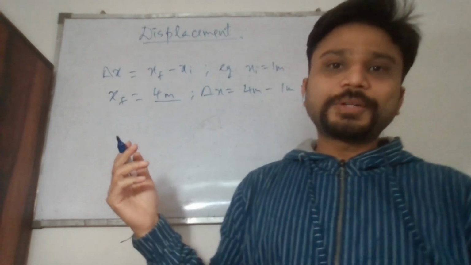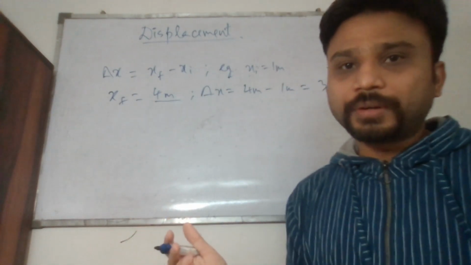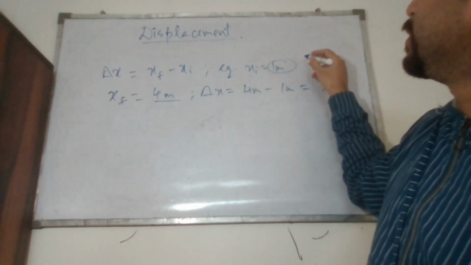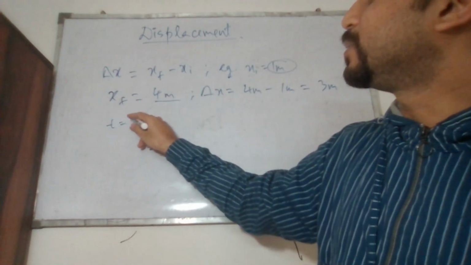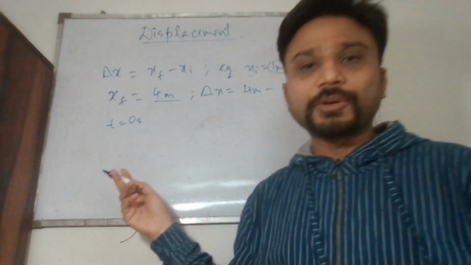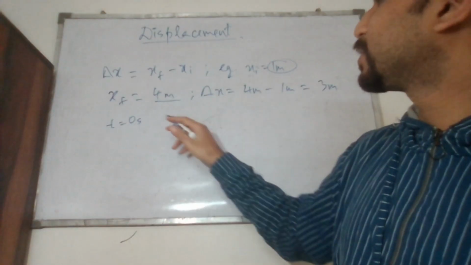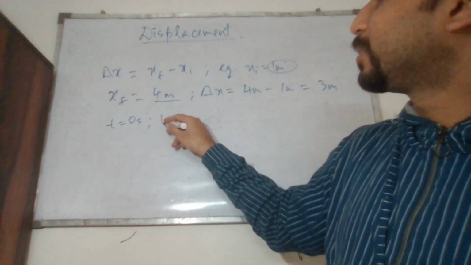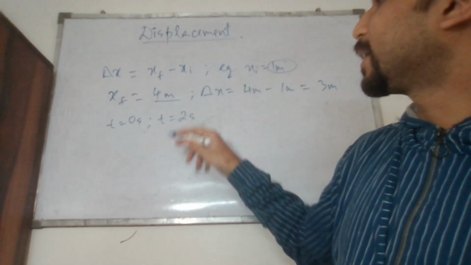Now I can talk about time interval or time instants. Let's say when the particle was at 1 meter, the time was 0 seconds, that is, we were starting our clock. And then when we reached the final position, the time elapsed was only 2 seconds.